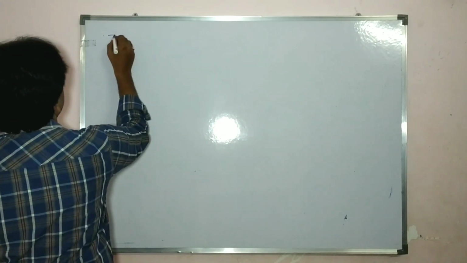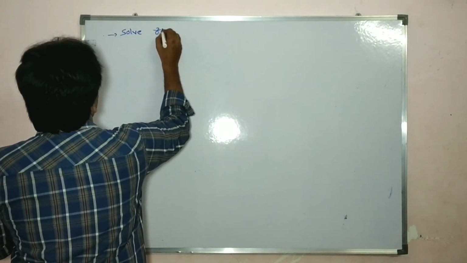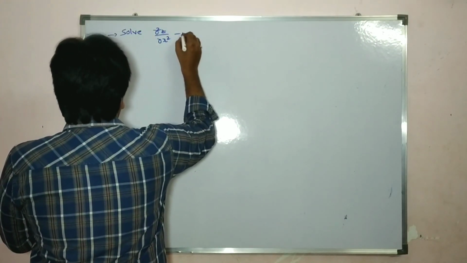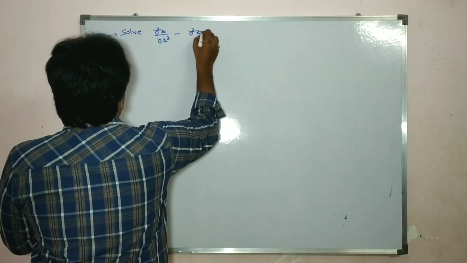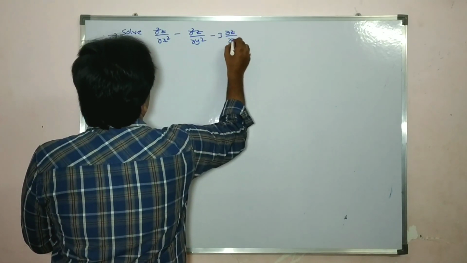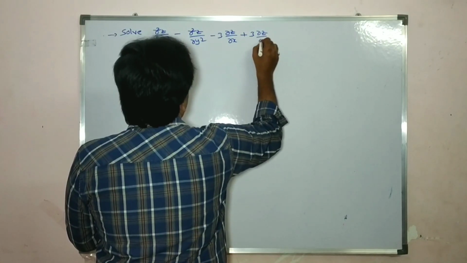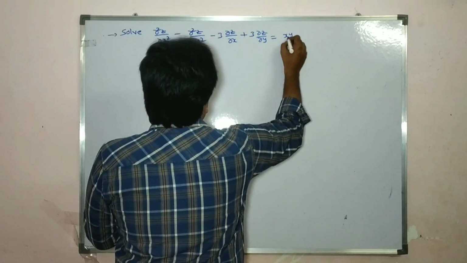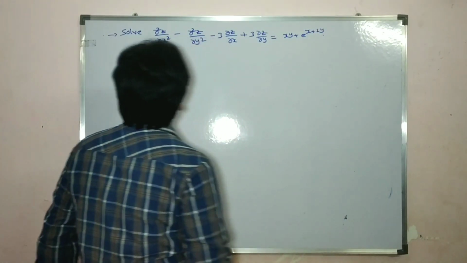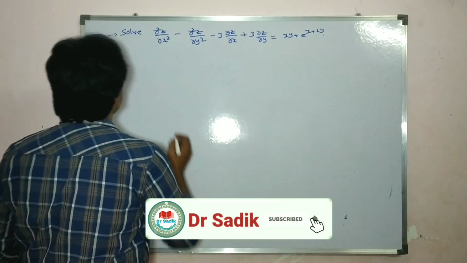Solve: del square z by del x square minus del square z by del y square minus 3 del z by del x plus 3 del z by del y equals xy plus e power x plus 2y. Now this problem is very important, students, from the point of view of GATE.